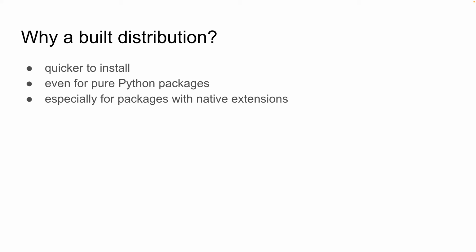And for those, you would need to install a whole stack of different tools to build them on your machine. But if you have a wheel distribution, you don't need to. A wheel distribution can be targeted to a specific OS and platform, but it can also be more generic and target several different ones.